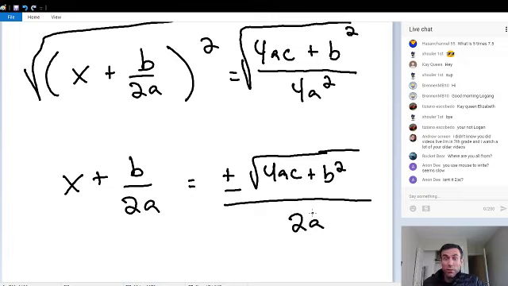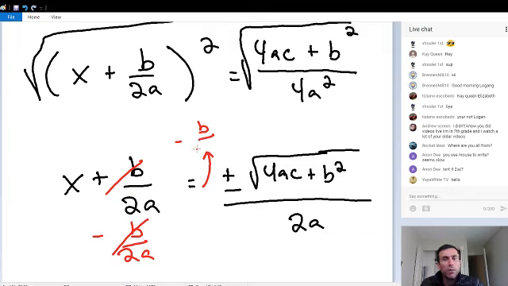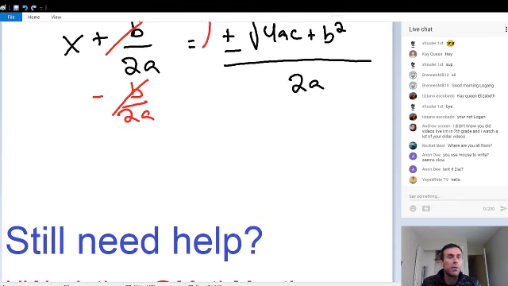Now at this point, we need to solve for x. So we need to get rid of this positive b over 2a term on the left-hand side. So I'm going to subtract b over 2a from both sides. On the left-hand side, they're going to cancel out. And I'm also going to subtract b over 2a from the right-hand side, so we're going to have negative b over 2a from the right-hand side as well.